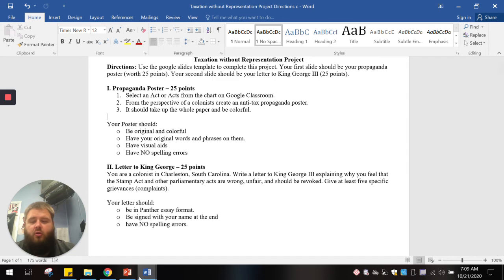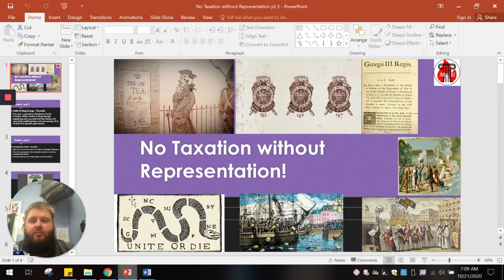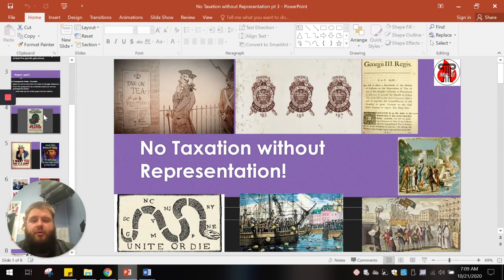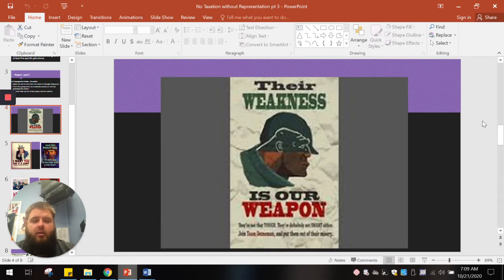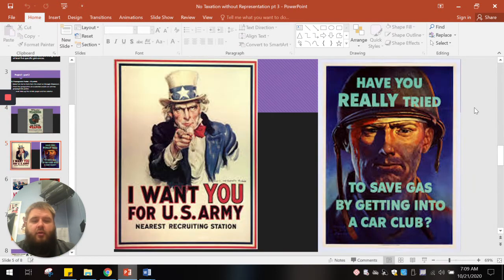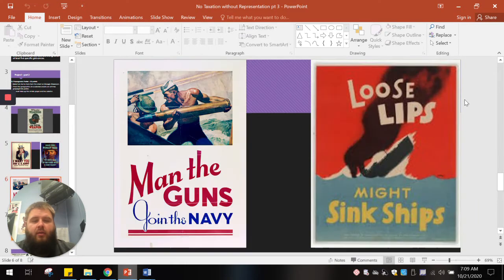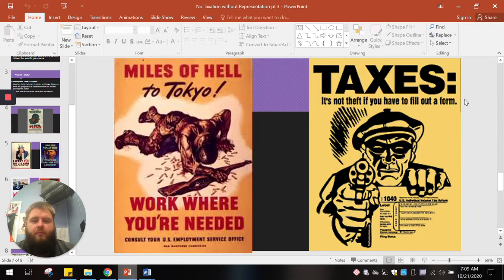So let's come back to the slides, and let me show you some examples of a propaganda poster. If you scroll through the slides here, you can see several examples of something that we might be looking for. Then the last 3, this yellow one here, taxes, it's not a theft if you have to fill out a form.